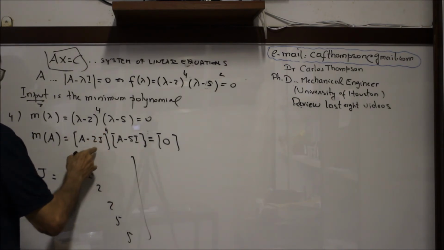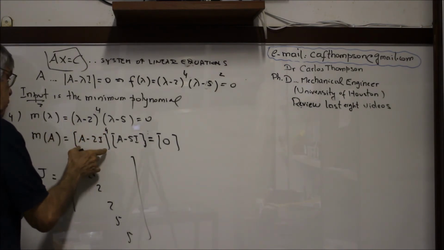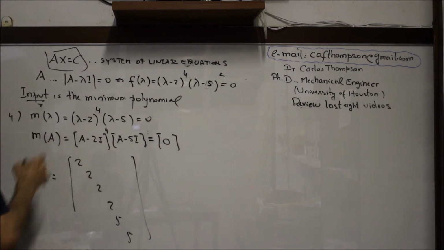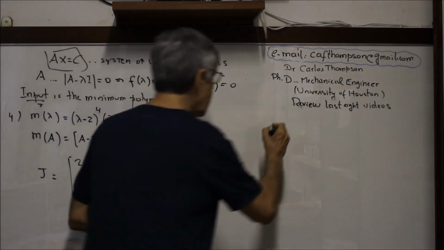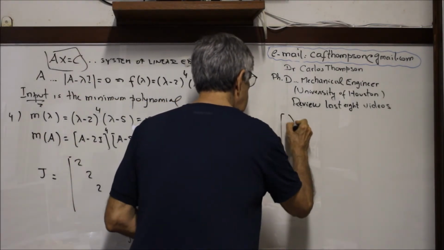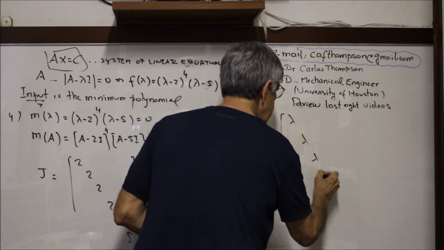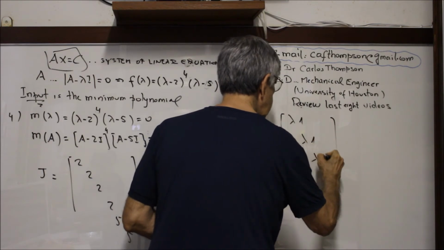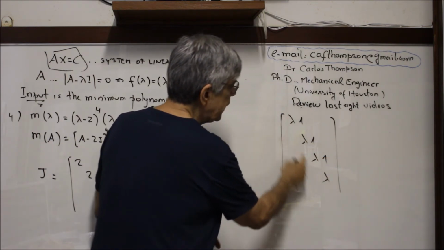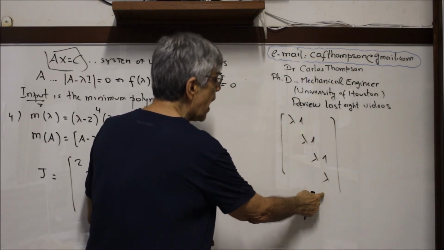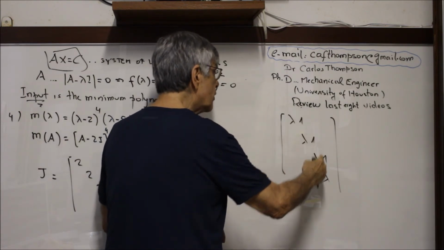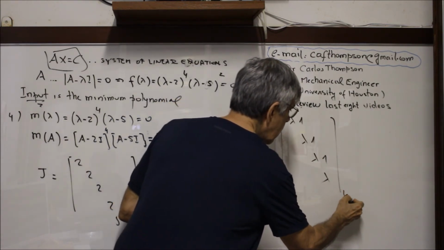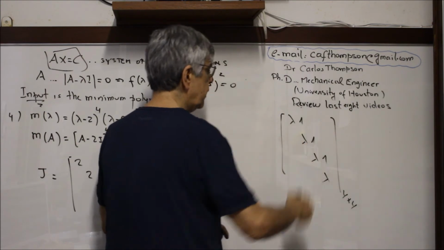Now, here I want for this to be 0, so let's come here. Lambda, lambda, lambda, lambda. This is 1, 1, and 1. I have 4 lambda in the diagonal, and the super diagonal is 4 minus 1 is 3.